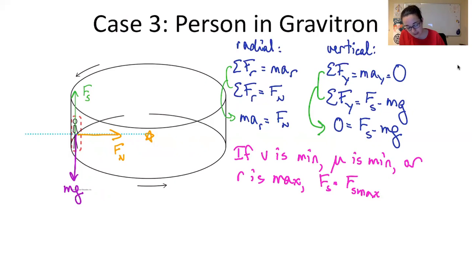So in that case, this Fs here would become Fs max, which of course would become μs Fn.